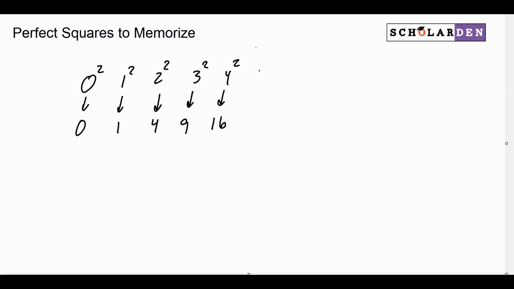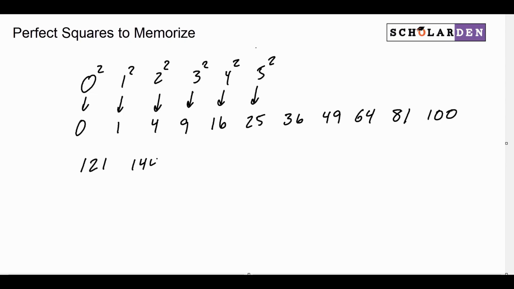So 0 squared is 0, 1 squared is 1, 2 squared is 4, 3 squared is 9, 4 squared is 16, 5 squared is 25, and then I'll just list the rest. 36, 49, 8 squared is 64. 9 squared is 81. 10 squared is 100. 11 squared is 121. 12 squared is 144. 13 squared is 169. 14 squared is 196. And 15 squared is 225.